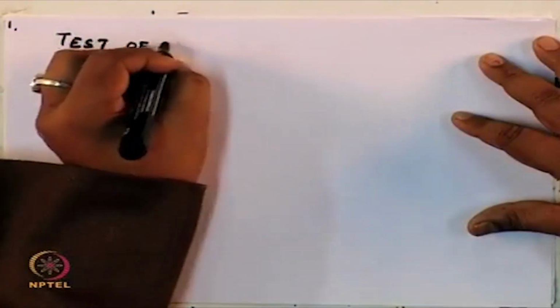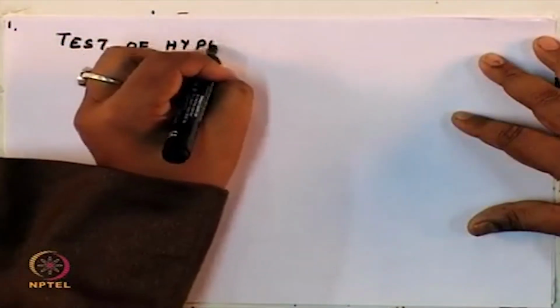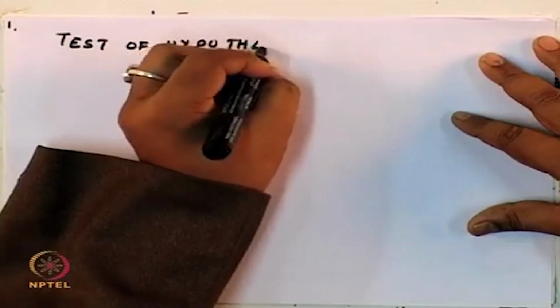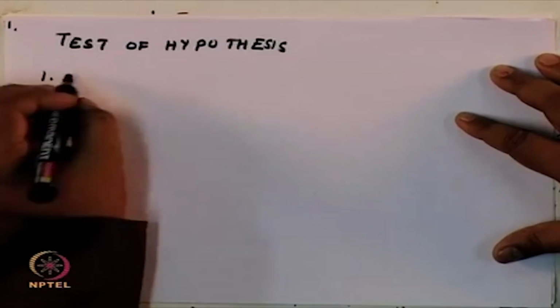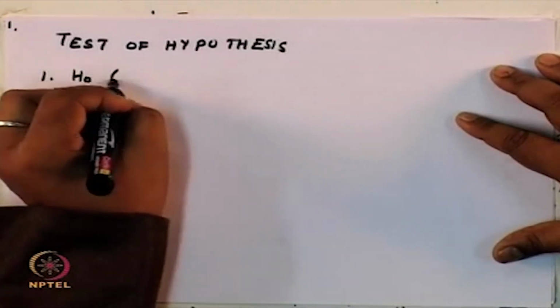So, in testing of hypothesis, as we had concluded in the last class, there are 5 components of a test of hypothesis. One is your H naught, or null hypothesis.